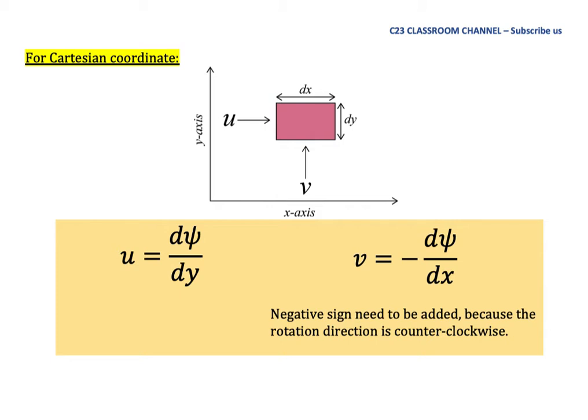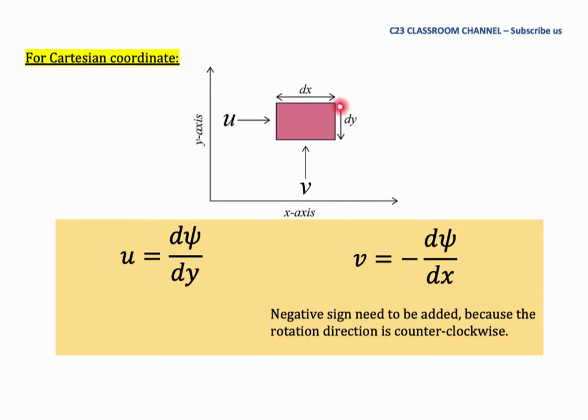So now we will discuss the stream function for Cartesian coordinates. First, you need to draw this diagram. So this is the Cartesian coordinates. We have the x-axis here and we have the y-axis here. So we draw a rectangular box here to show the element of fluid in Cartesian coordinates.